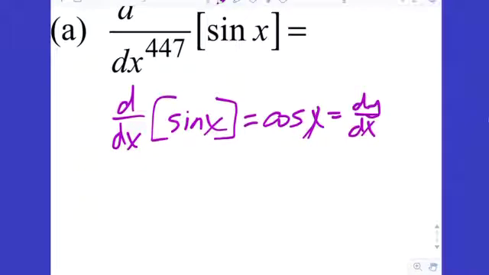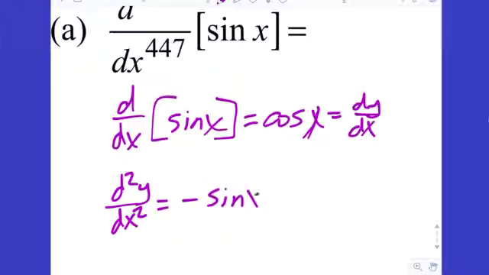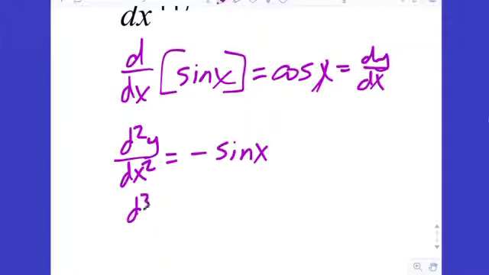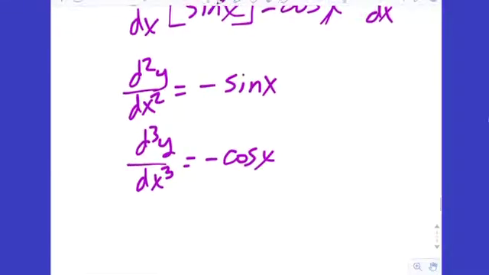Now if I take the derivative of that, the second derivative of y with respect to x is what? What's the derivative of cosine? Negative sine of x. The third derivative is going to be negative cosine of x. The fourth derivative is sine of x.